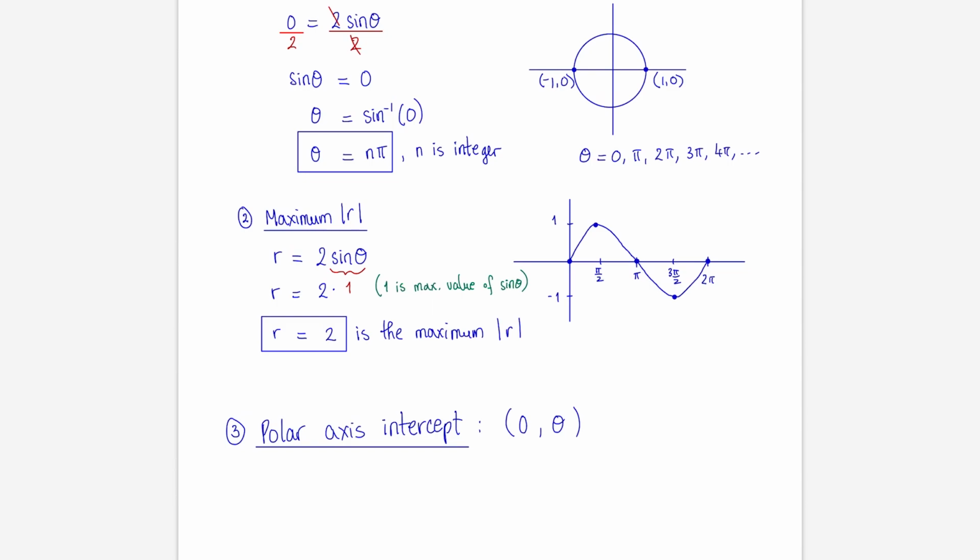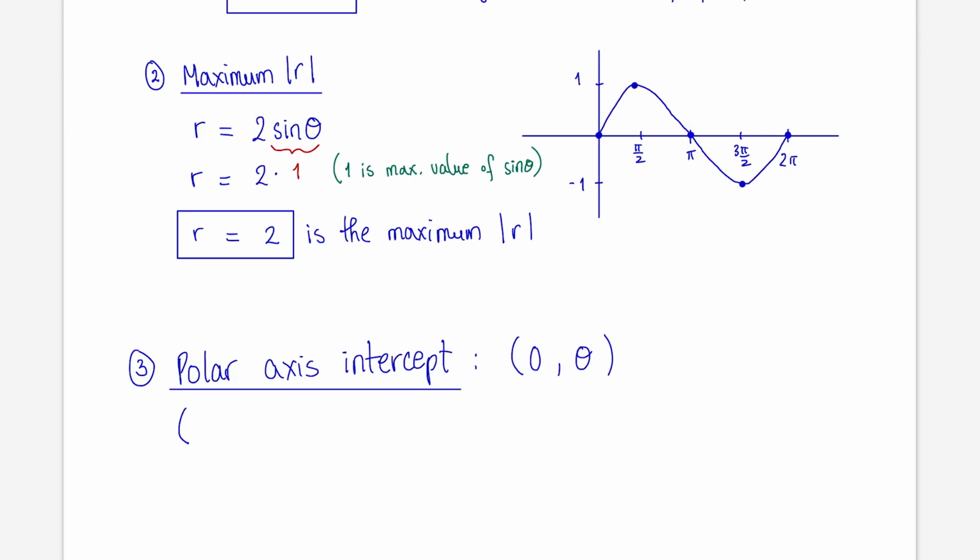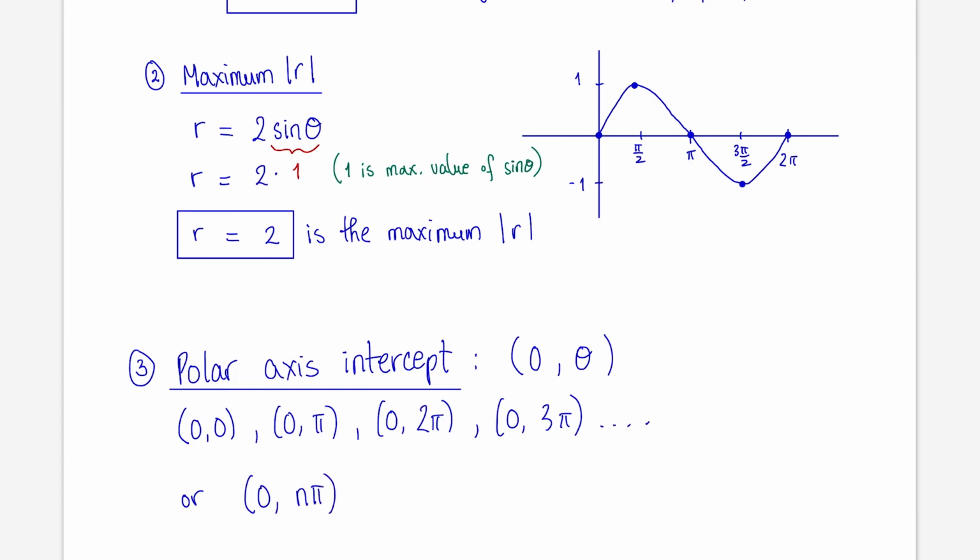Remember, when r equals 0, theta is n pi. So that means if r is 0, my theta can be 0 pi, 1 pi, 2 pi, 3 pi, 4 pi, and so on. So my polar axis intercepts can be 0, 0 pi, 0, 2 pi, 0, 3 pi, and so on. Or you can just say 0, n pi.